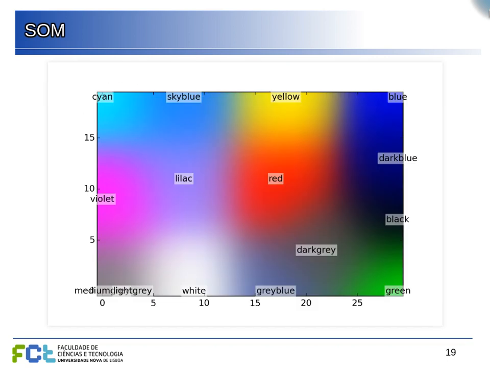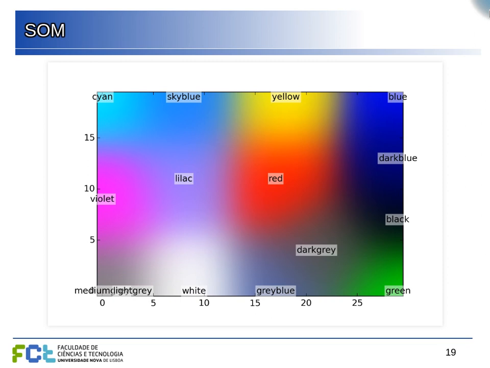So this is the result here. The grid with 30 by 20 neurons that we have here is two-dimensional. But each neuron has a three-dimensional set of coefficients that points to some point in the color space. But since in training, when we pull one neuron, we also pull the neighbors, this means that neurons that are close together in the neuron grid will have similar colors.